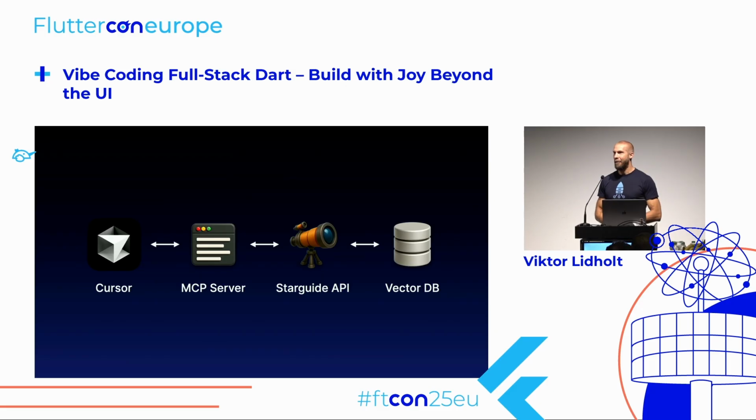Or how do I migrate the database table? It can ask that with natural language, send that question to the MCP server, which then forwards it to StarGuide, looks it up in the vector database, finds relevant documentation, formats it nicely for the LLM on the way back, all the way to Cursor.